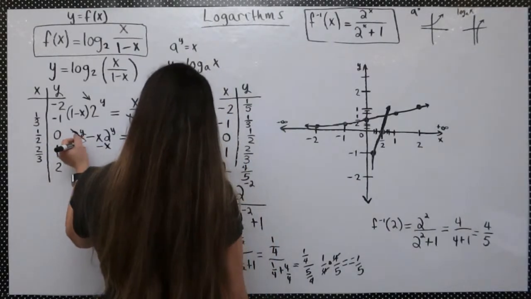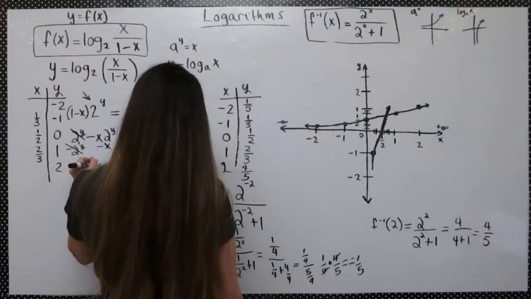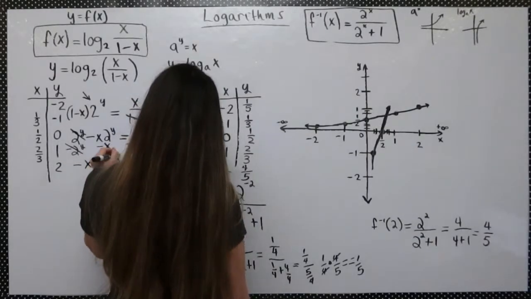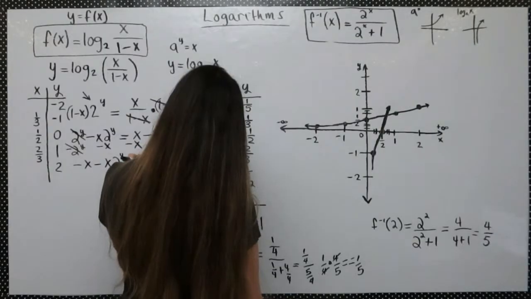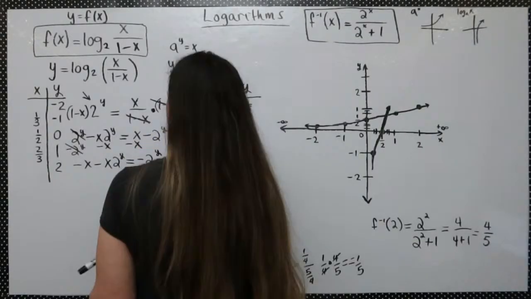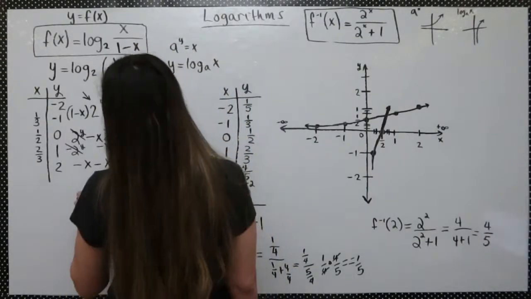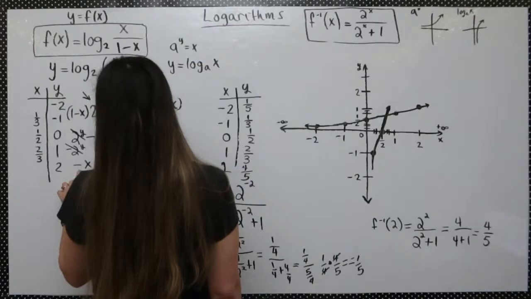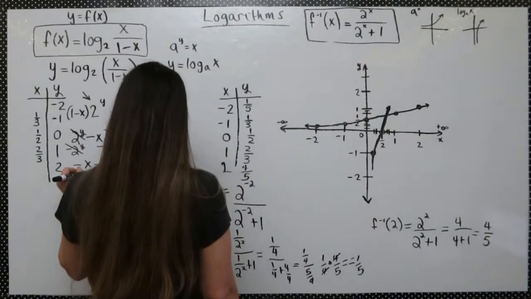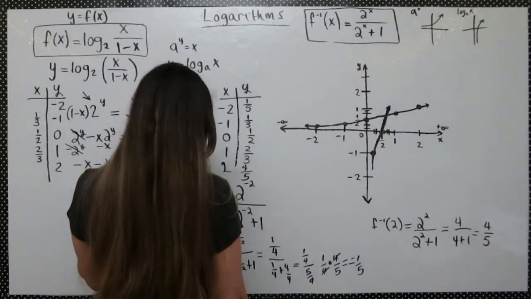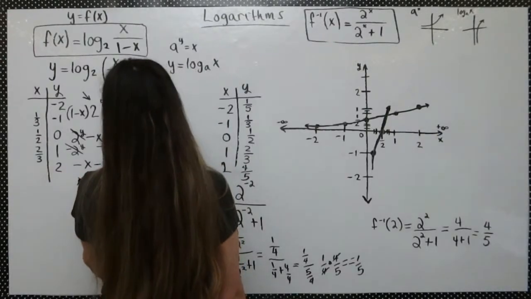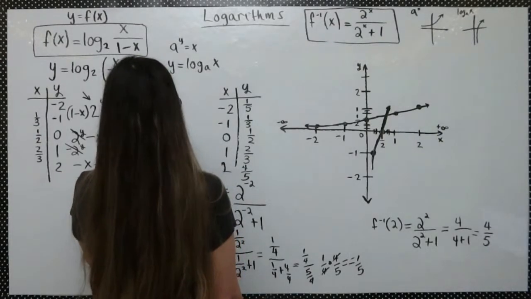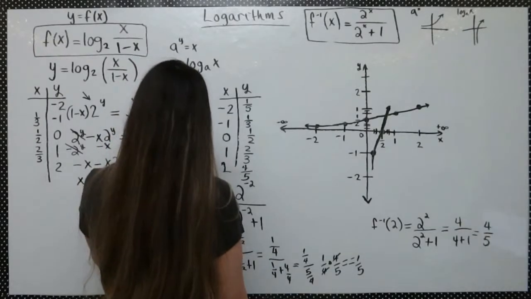That goes to 0, and I'm left with -x minus x 2y. That goes to 0, and then equals -2 to the y. And then we're going to divide off the negative. So if I just multiply everything by a -1, I'm going to get x plus x times 2y equal to 1.